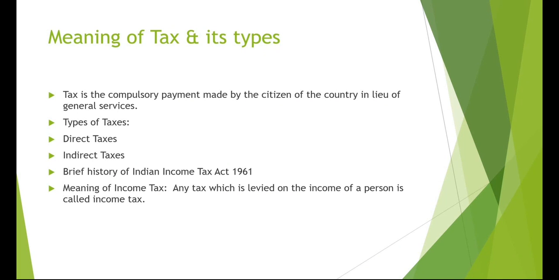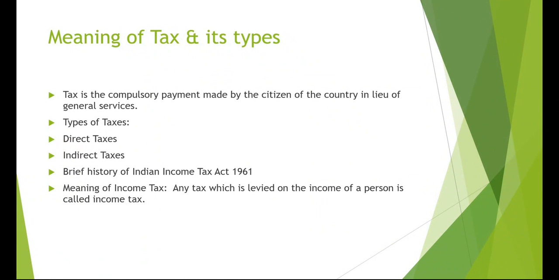When we construct a house and the local authorities provide various amenities such as water, light, street lights, and roads, for that also we are required to pay municipal taxes. So anything which is paid by the citizen of the country to the government for general services, such payment is known as tax.